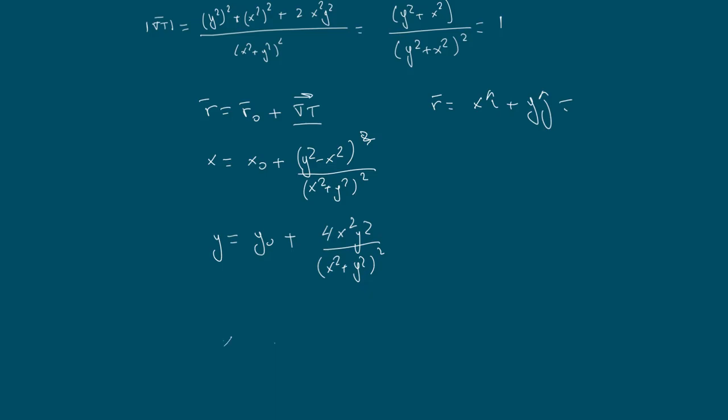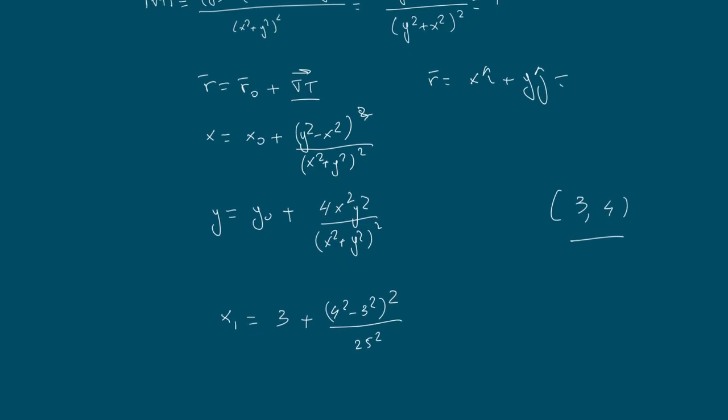The first point x1 will be the initial point, the 3, 4, we start at the point 3, 4, plus the gradient of t. Now the gradient of t at the point 3, 4 will be 4 squared minus 3 squared, squared, divided by 3 squared plus 4 squared, which is 5 squared, which is 25 squared.